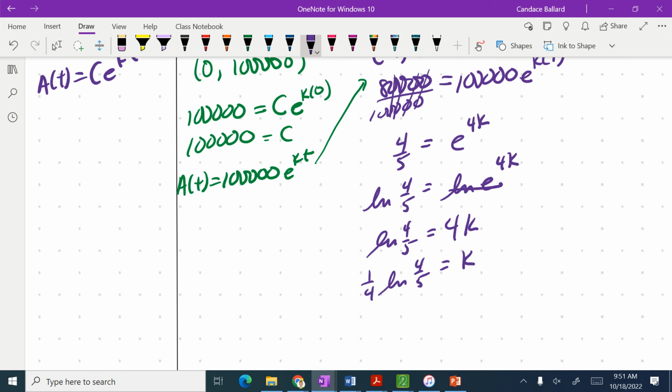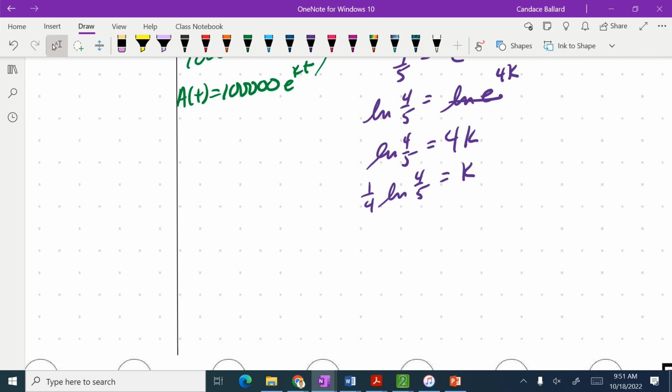Doesn't matter which way. So my official amount equation, A of T equals 100,000 E to the 1/4 natural log of 4/5 T.